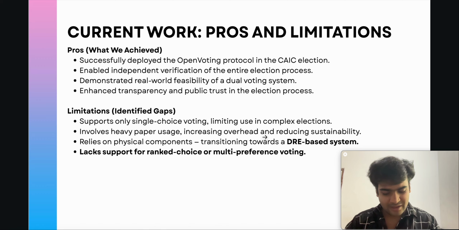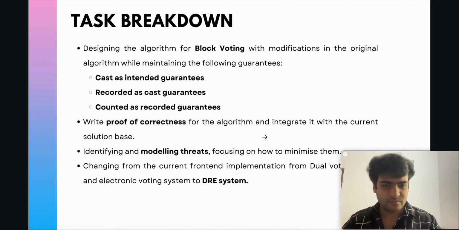For that pen paper voting had been done during the calculation phase. So we will be extending to a block voting system so that we can also use our system on those elections. So first of all, let's break down our task.